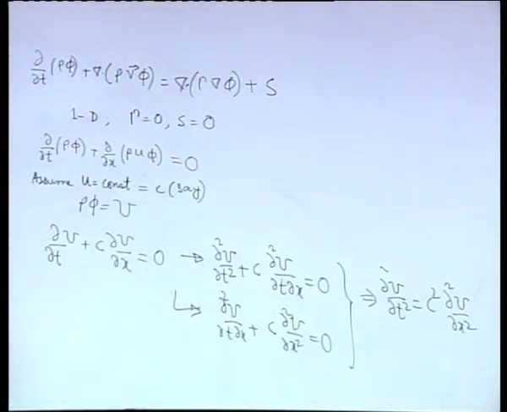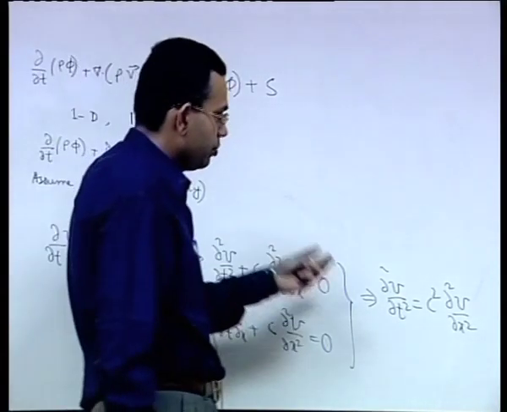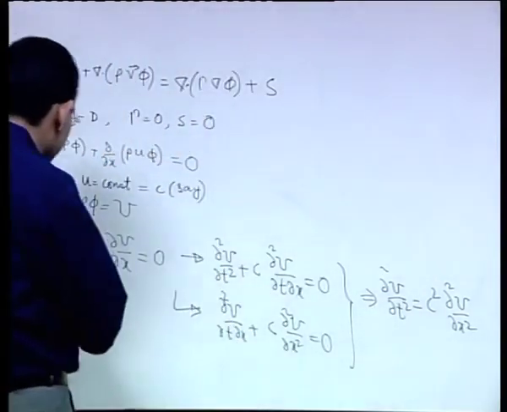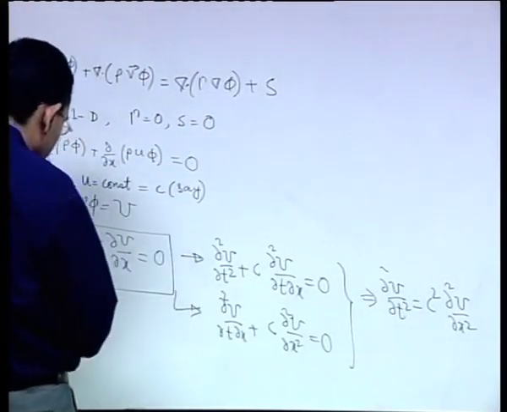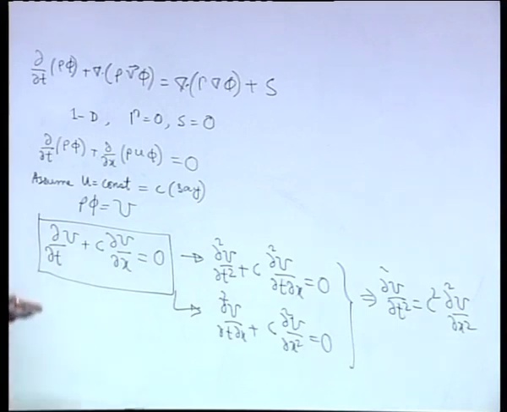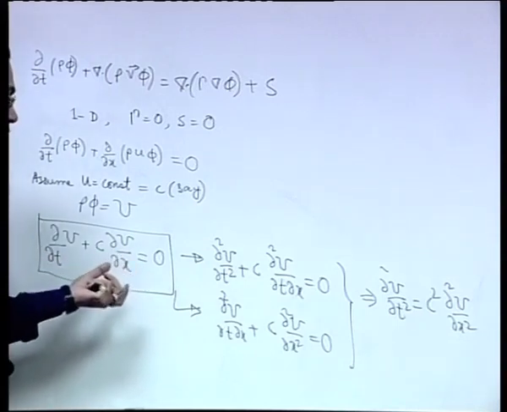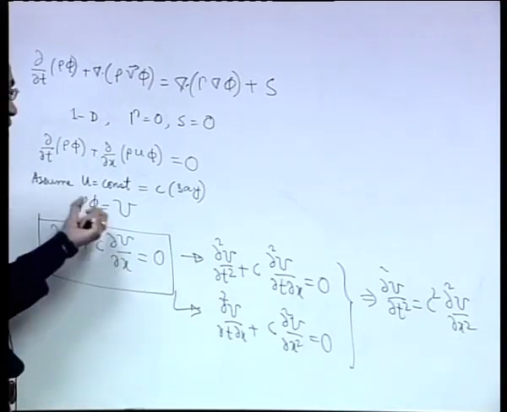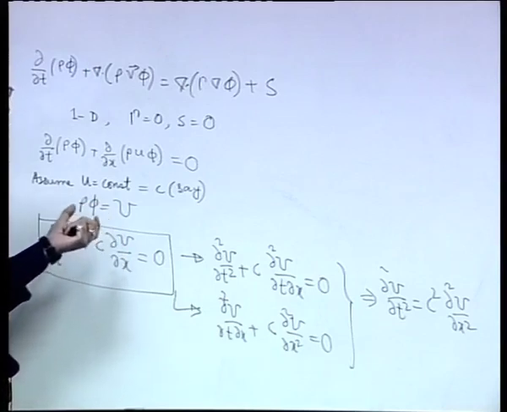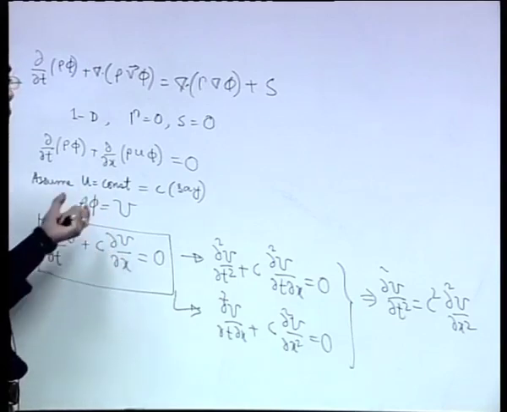So, what we will do is we will not consider the second order form to begin with, we will consider the first order form, which is also hyperbolic, and start assessing the stability of the corresponding numerical discretization schemes.